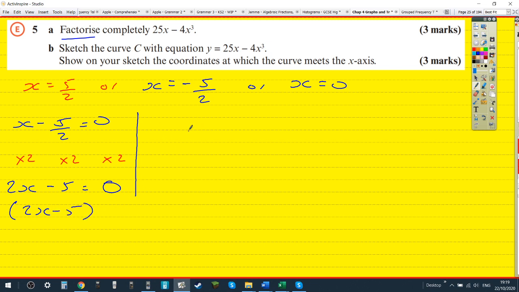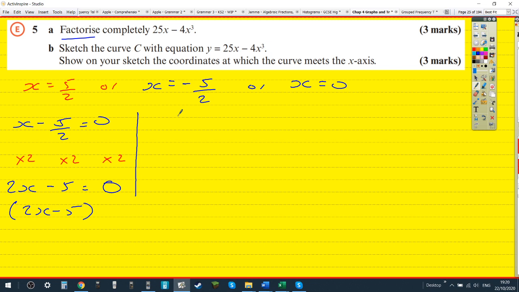Okay. And now we need to get the other brackets. So for the second one, we multiply everything by 2. Oh, no, first we add minus 5 over 2 to both sides. It doesn't matter the order.